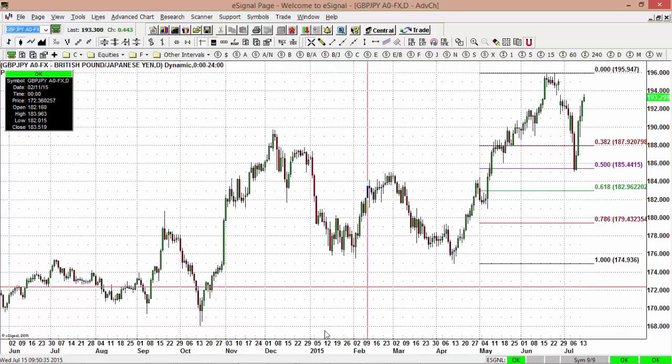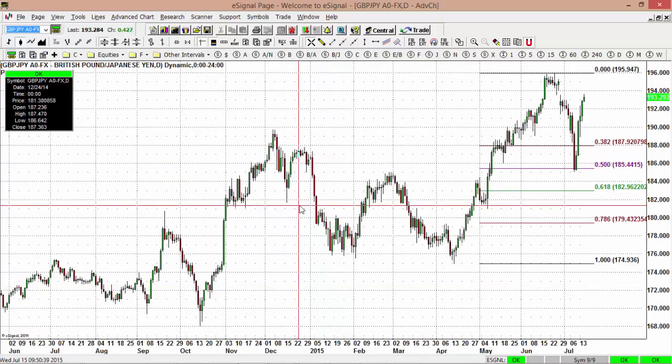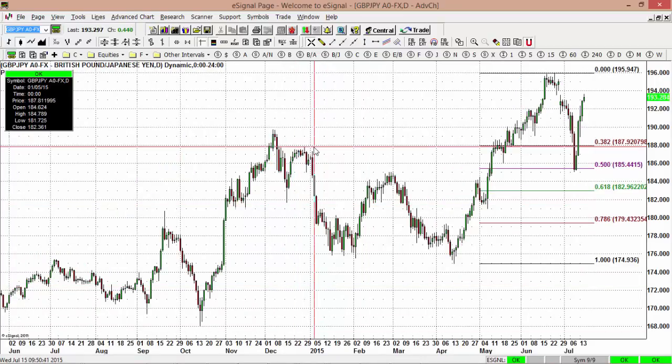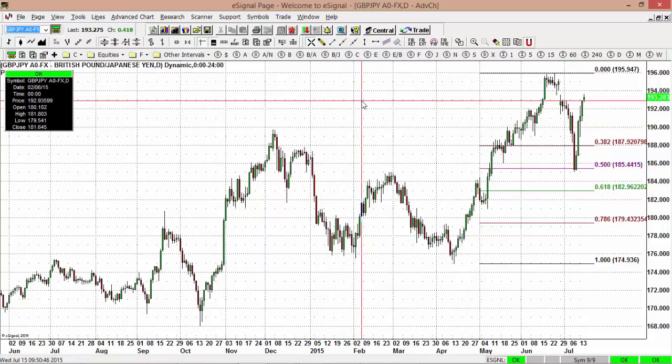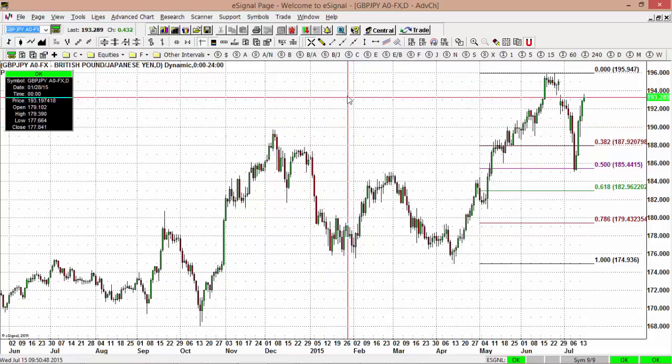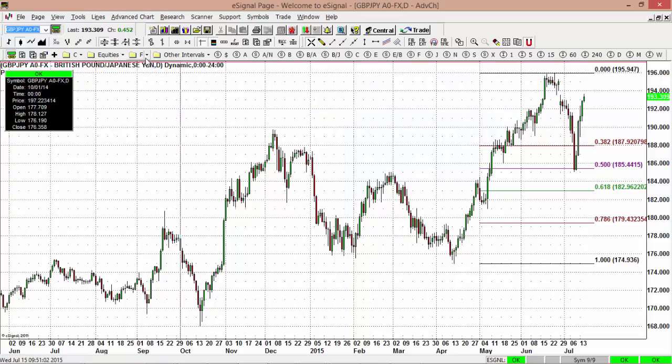And the theme of this year so far has been the relative strength of the US dollar and the relative strength of the British pound, because the British pound has been doing relatively well against the major currency pairs, and that is a major trend that is happening in the markets, and that's why we should be positioning our portfolio to take advantage of these moves in the British pound.